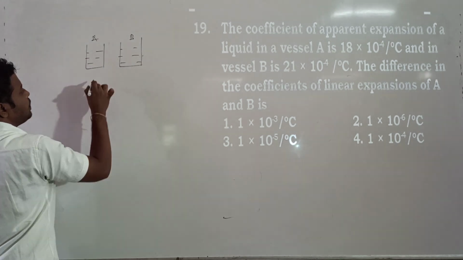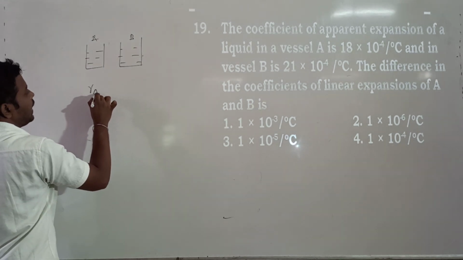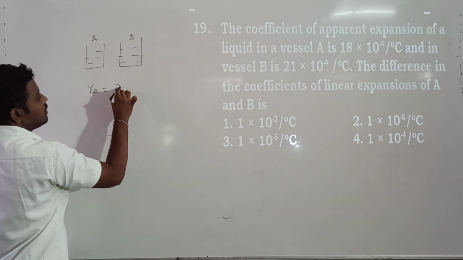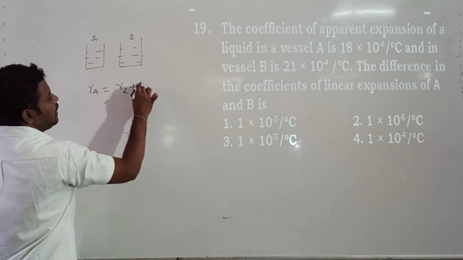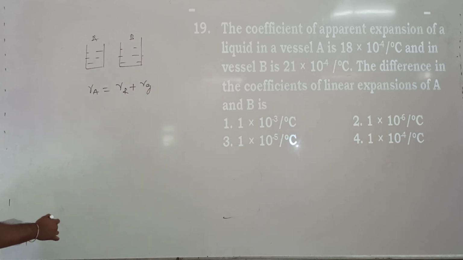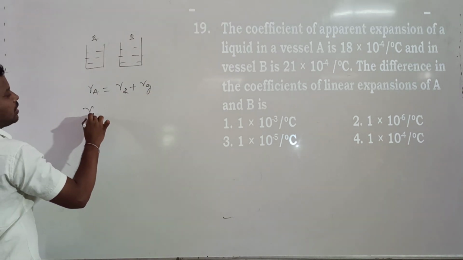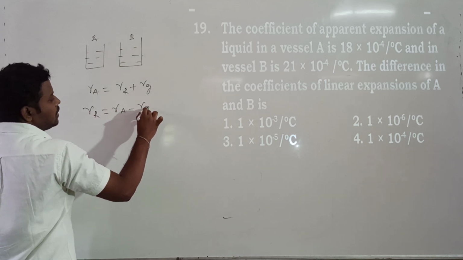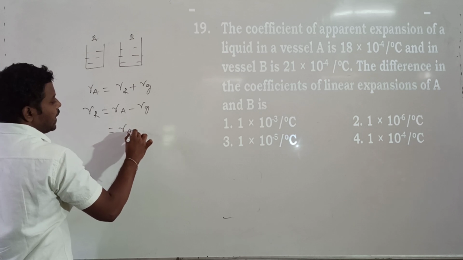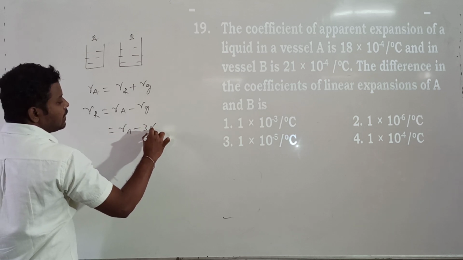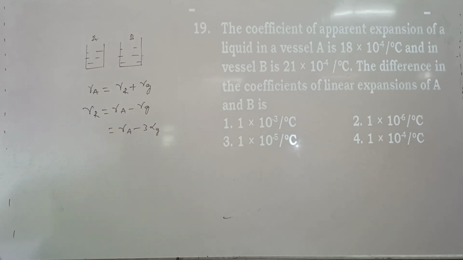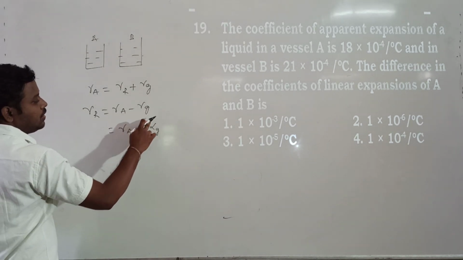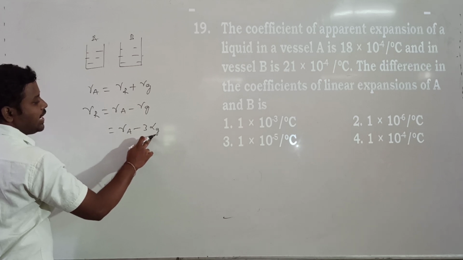Can I call the apparent expansion gamma A? For vessel A, the apparent expansion of the liquid is real expansion plus glass expansion, correct? So gamma R is equal to gamma A plus 3 alpha G, where the glass expansion is 3 times alpha, the linear expansion.